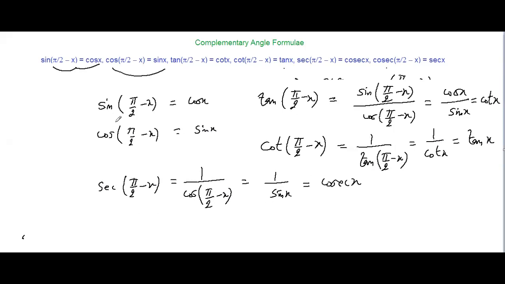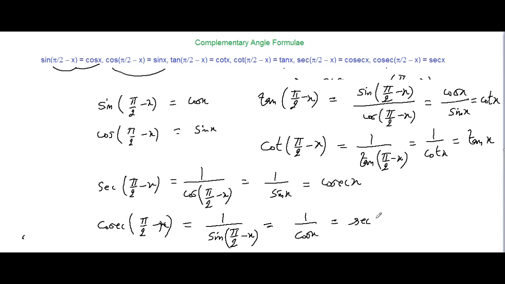And last, cosec of pi by 2 minus x is equal to reciprocal of sine of that angle, that is sine has changed to cos, so it is 1 by cos x.